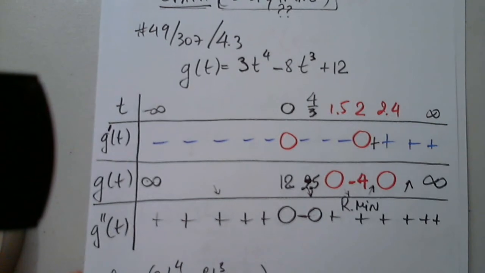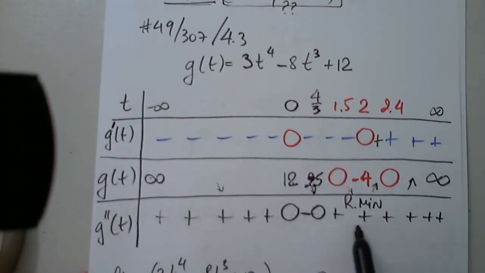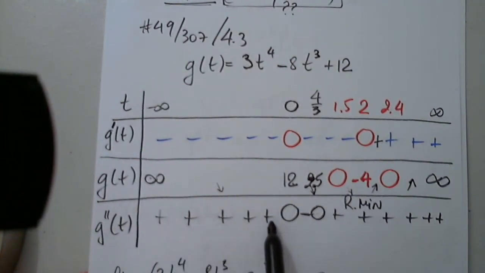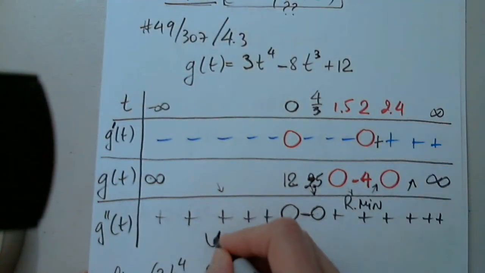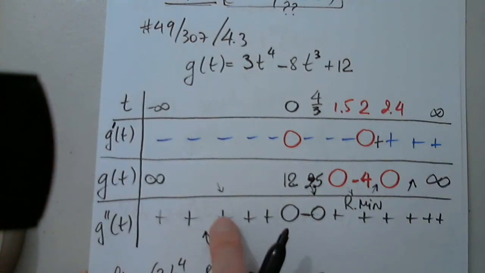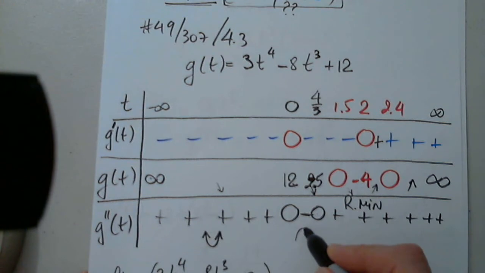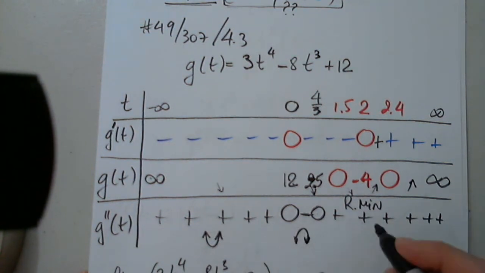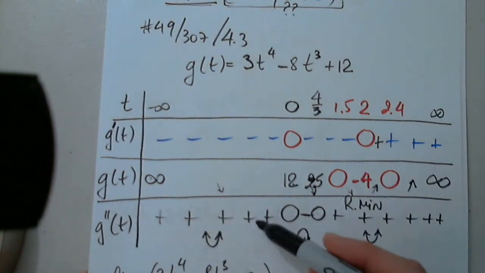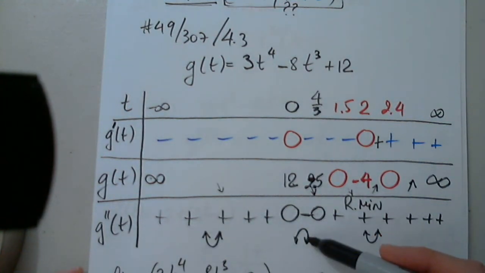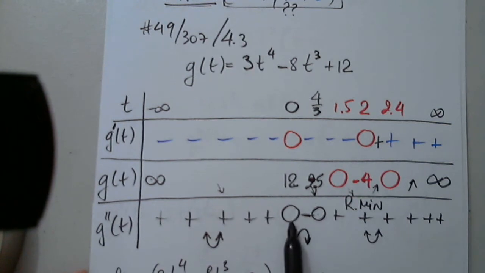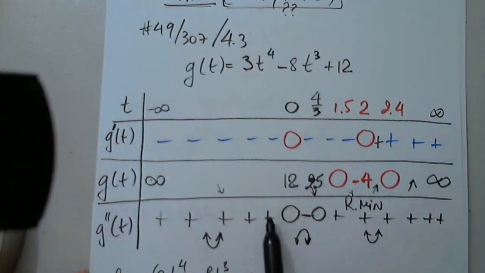At this point, I analyze what this tells me. Every time the second derivative is positive, we know the function holds water, concave upward. If the second derivative is negative, the function does not, concave downward, and of course upward. This is the symbol for coming from the sign of the second derivative. Now, at this point, the second derivative changes sign.